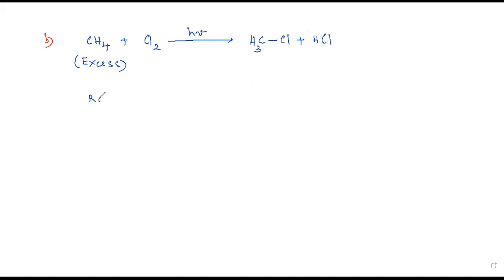I have different cases here. See, when the reaction is carried out at room temperature and under dark conditions, you will have no reaction because no free radicals are formed in this case.